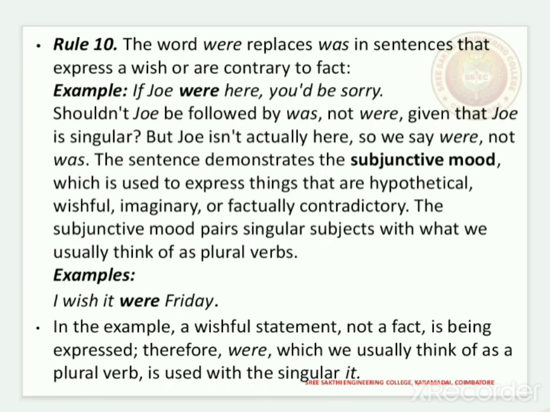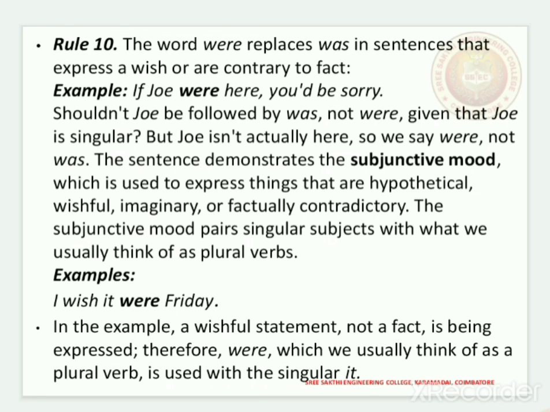Given that Joe is singular, but Joe is not actually here, so we say were, not was. The sentence demonstrates the subjunctive mood, which is used to express things that are hypothetical, wishful, imaginary, or factually contradictory. The subjunctive mood pairs singular subjects with what we usually think of as plural verbs.